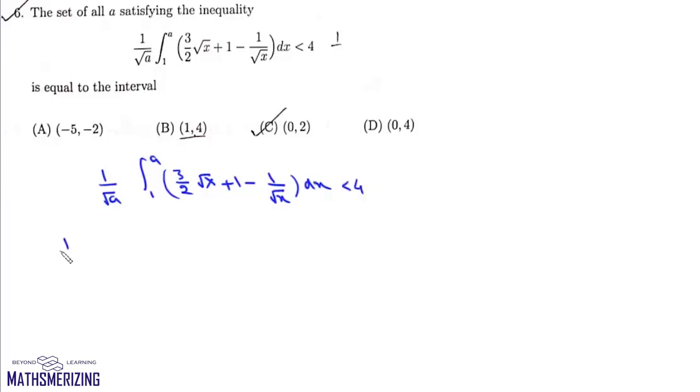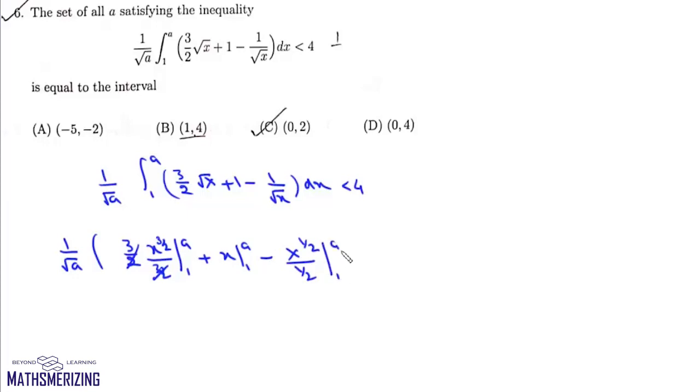Now we can write this as 1 upon under root A, and here it will be 3 by 2 x to the power 3 by 2 upon 3 by 2, which will cancel from 1 to A, and then plus x from 1 to A, and then minus x to the power 1 by 2 upon 1 by 2 from 1 to A, and it is less than 4.